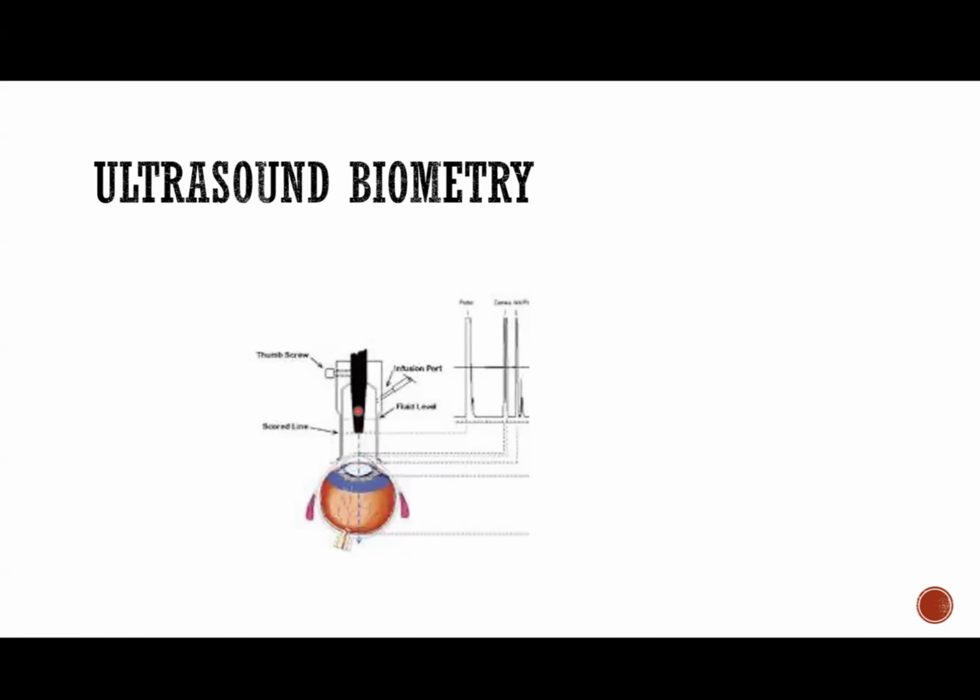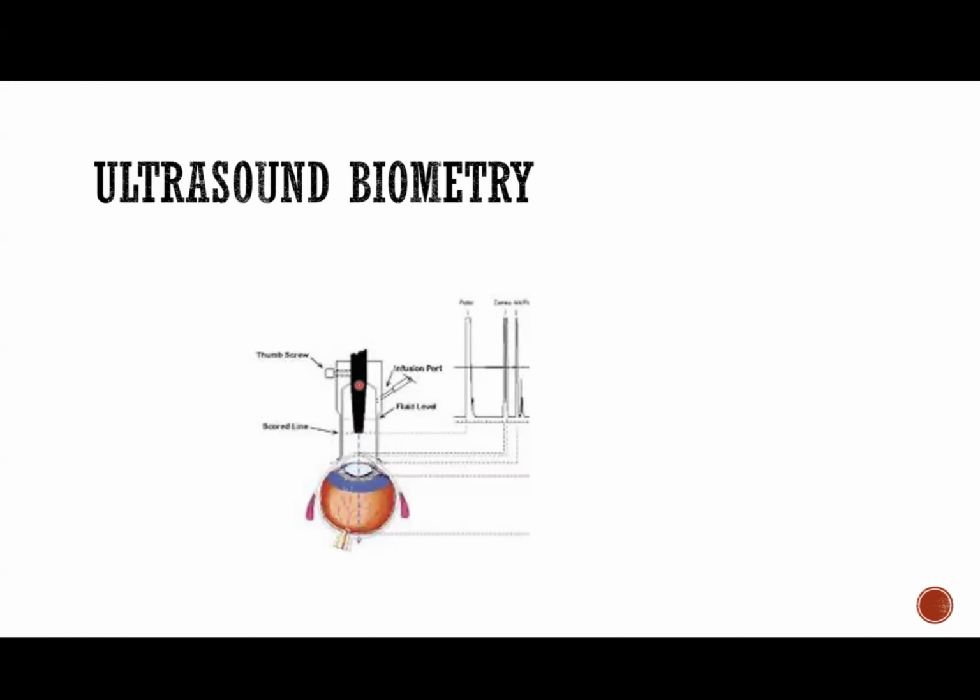That is what is called contact biometry. You keep this probe touching the center of the cornea, and the ultrasound waves pass through the cornea, lens and the vitreous and hit the fovea, and the return is analyzed.